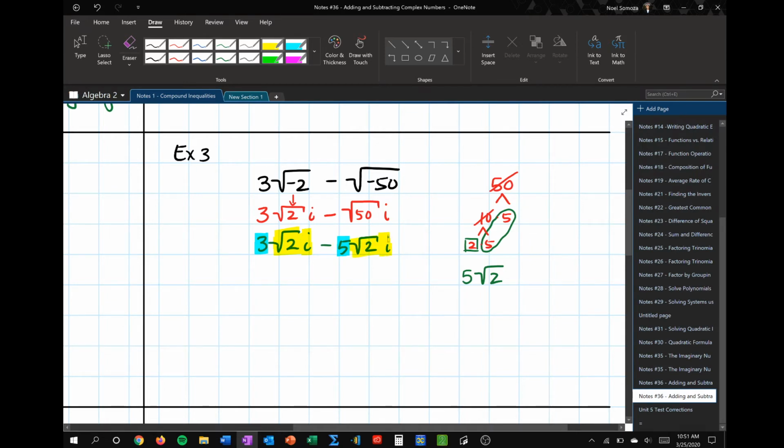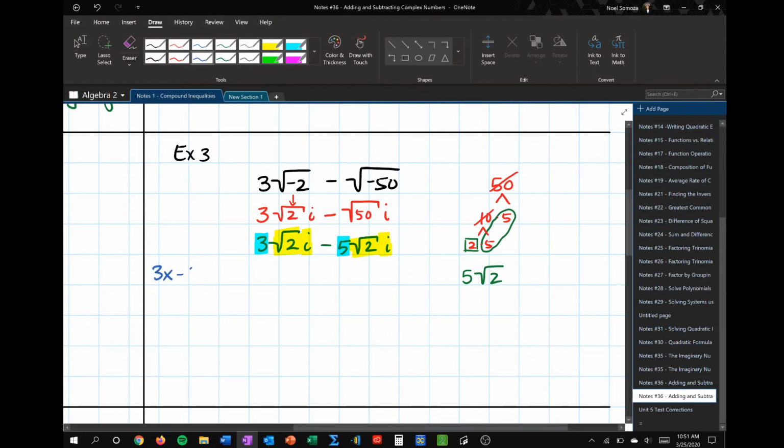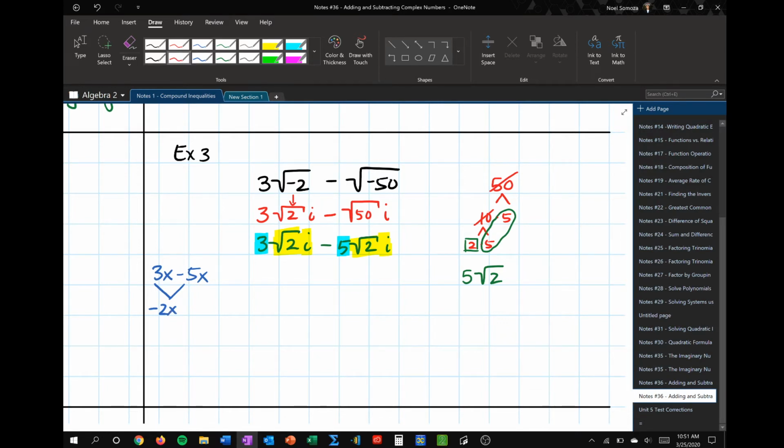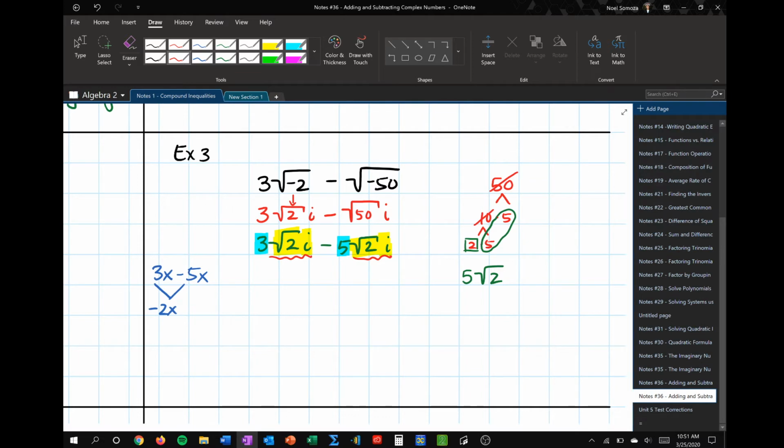So I want you to think of this as basically being 3x minus 5x. Because they both have x, I'm allowed to combine the coefficients and make it negative 2x. So here, instead of x, you have to check that they both have square root of 2i, the same tail, meaning the thing that's behind the coefficient.